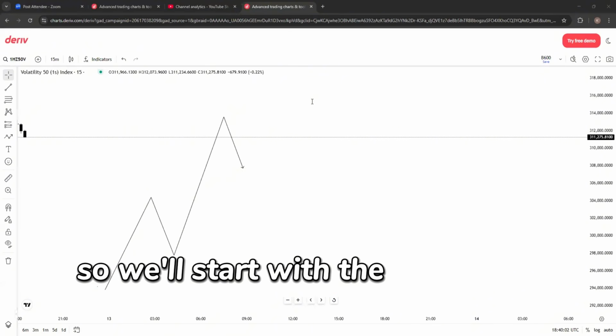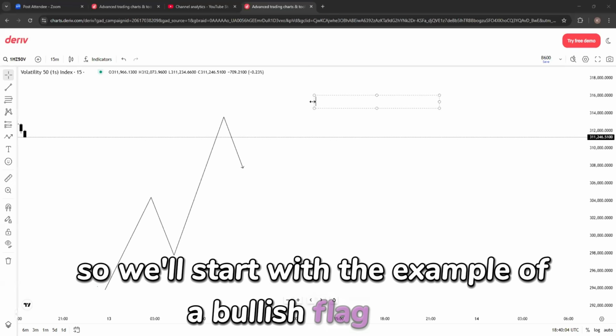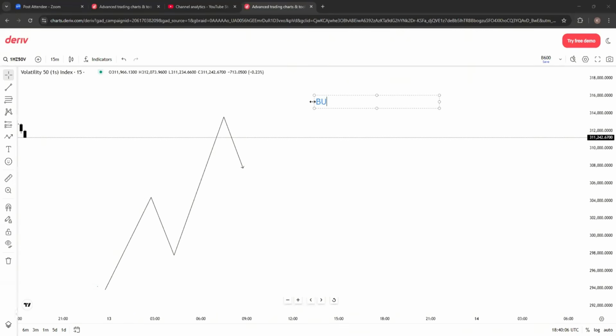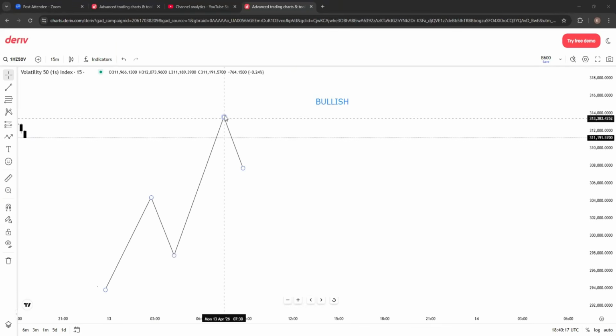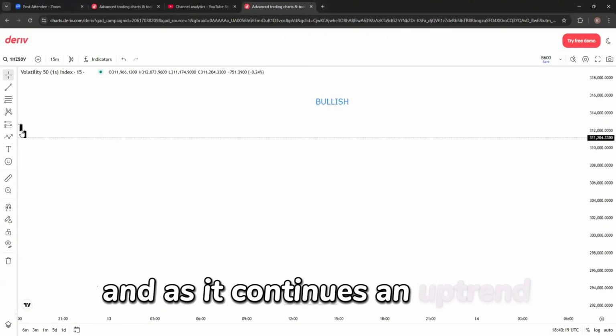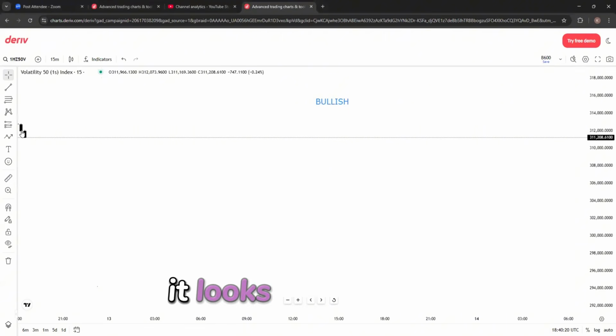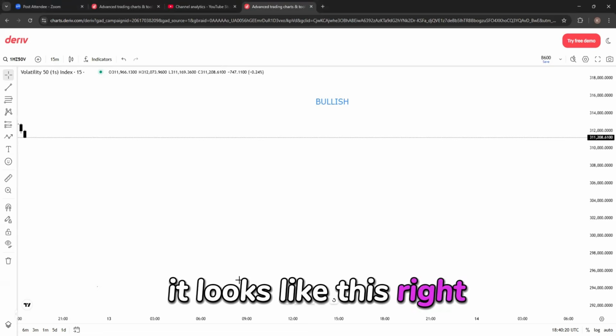So we'll start with the example of a bullish flag, right? A bullish flag is a flag that continues an uptrend. And as it continues an uptrend, it looks like this, right?